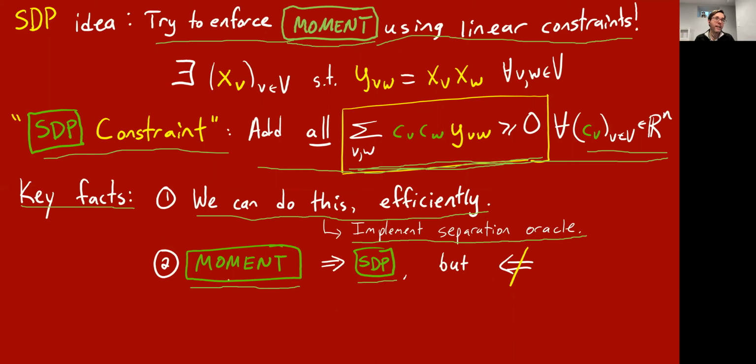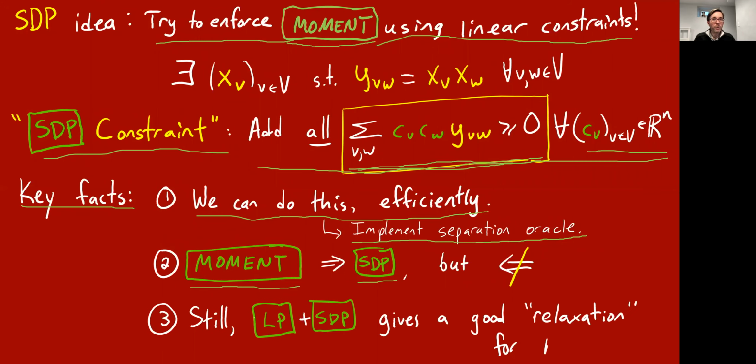So it's not going to exactly capture max cut, but just like we saw in the last lecture where you take an integer program, relax it to an LP, and hope it does a reasonable job of capturing the problem, that's what's going to happen here. So a key fact is that this new thing that we can solve will give a good relaxation for max cut.